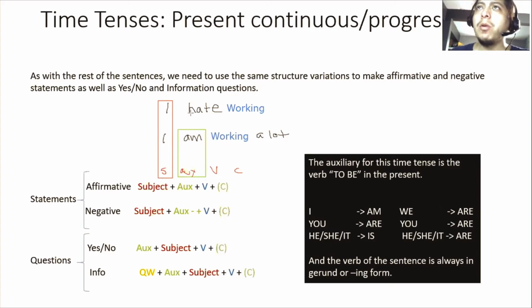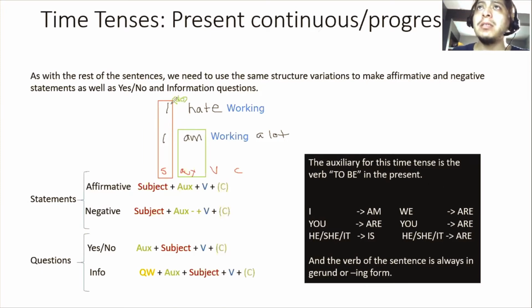When you have the word hate, hate is not an auxiliary. The simple present doesn't use hate as an auxiliary. The future uses will, the past uses did, the present perfect uses have or has. So hate is not an auxiliary. In reality, in this case, the auxiliary will be do.